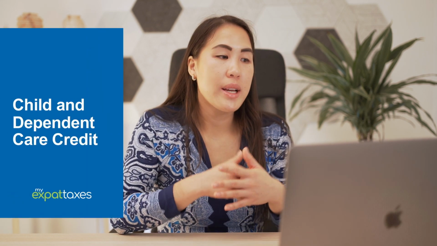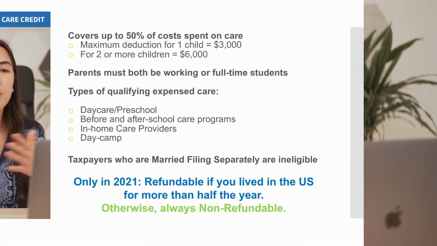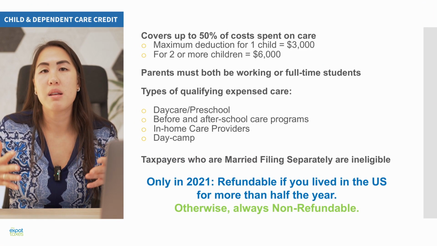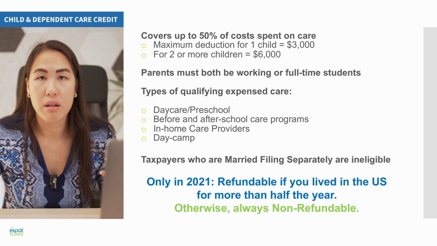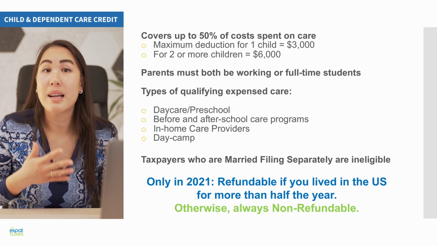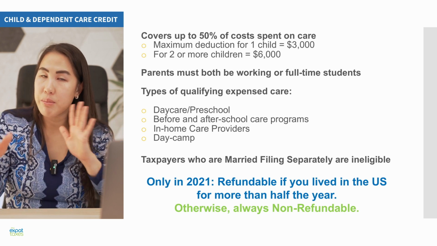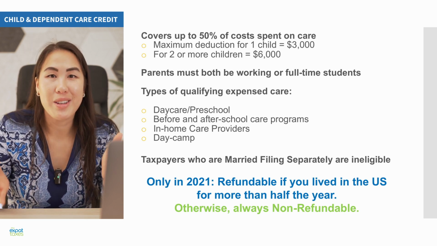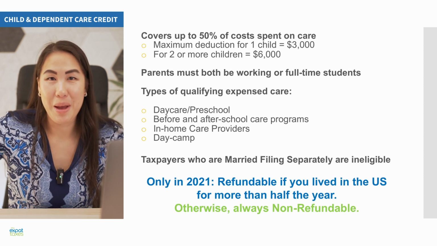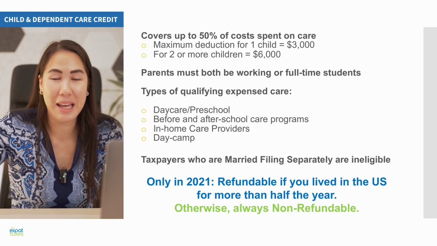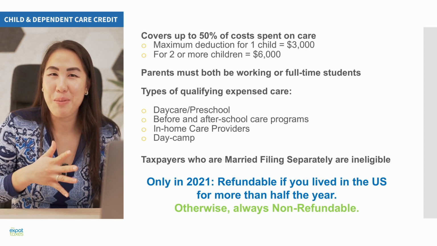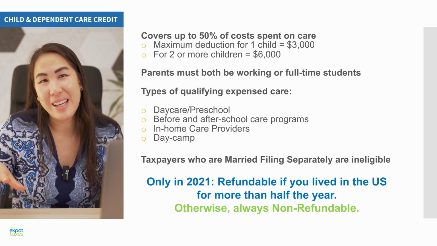Another credit, which is great, is the child and dependent care credit. This basically means that 50% of the cost spent on child care is seen as a non-refundable credit on your tax return. In 2021, because of the pandemic and everyone having to work from home and kids not being able to go to school and just pure chaos, it was refundable, but generally it's non-refundable.